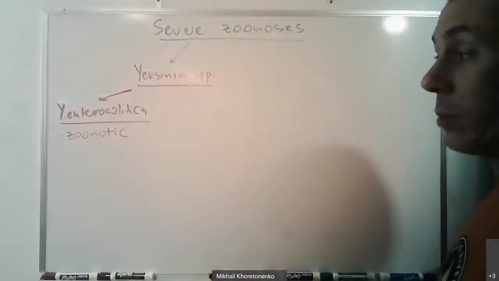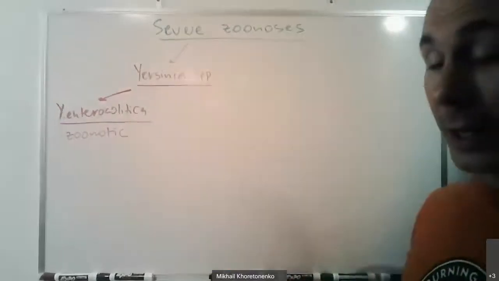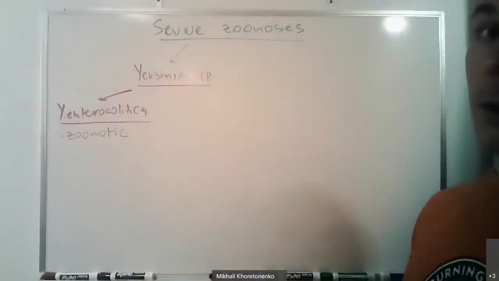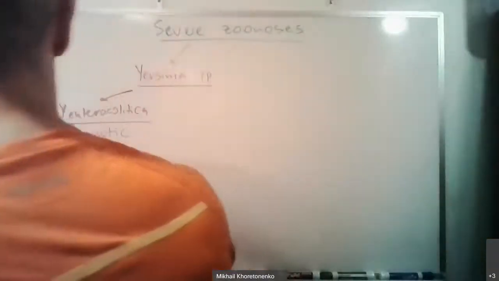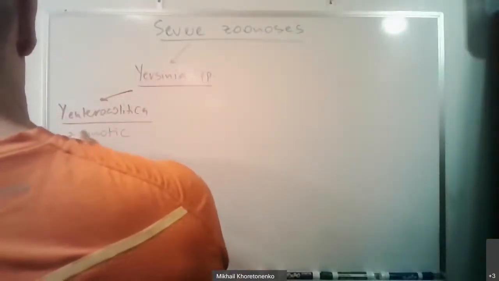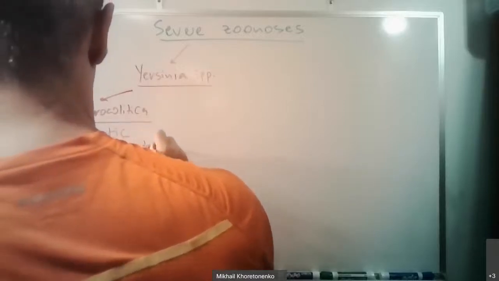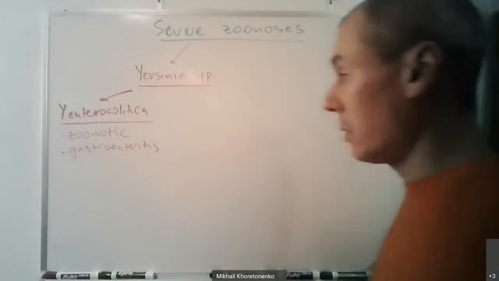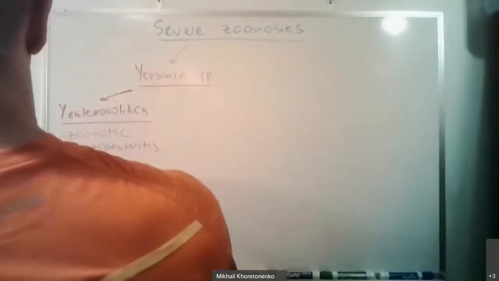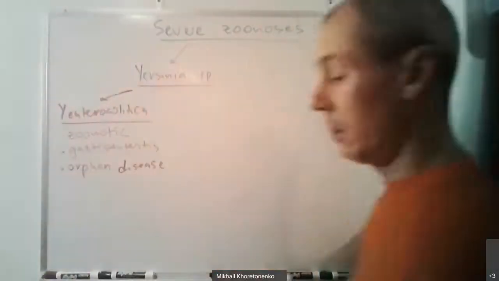It can be acquired from dogs and cats that are not entirely housebound and are semi-feral, that can walk around, and it causes gastroenteritis. Yersinia enterocolitica is an example of an orphan disease. That doesn't mean that it affects orphans.